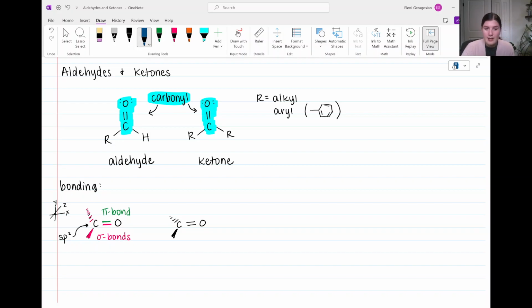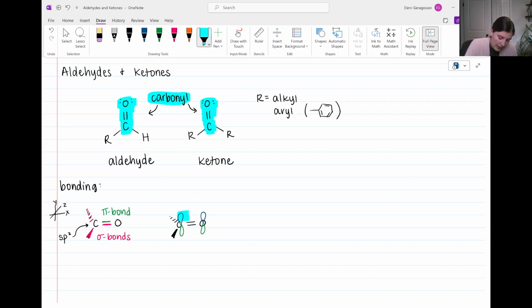Now remember, a double bond exists between unhybridized p orbitals. So on both the carbon and the oxygen, there is an unhybridized p orbital. These are overlapping. So here, let me erase that. What I've just drawn here are the atomic unhybridized p orbitals.